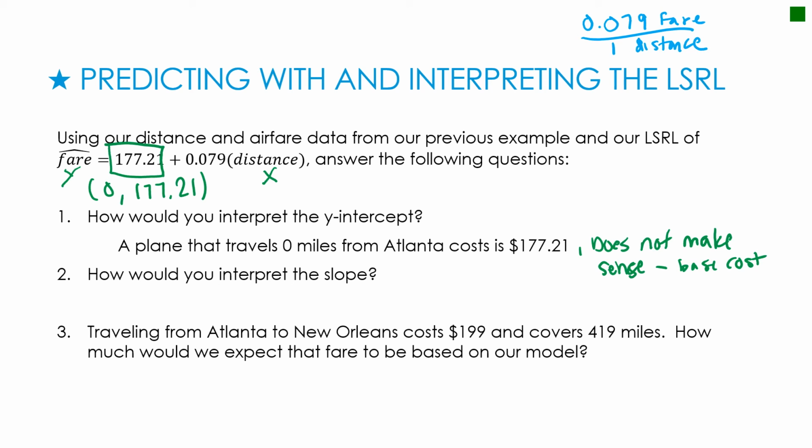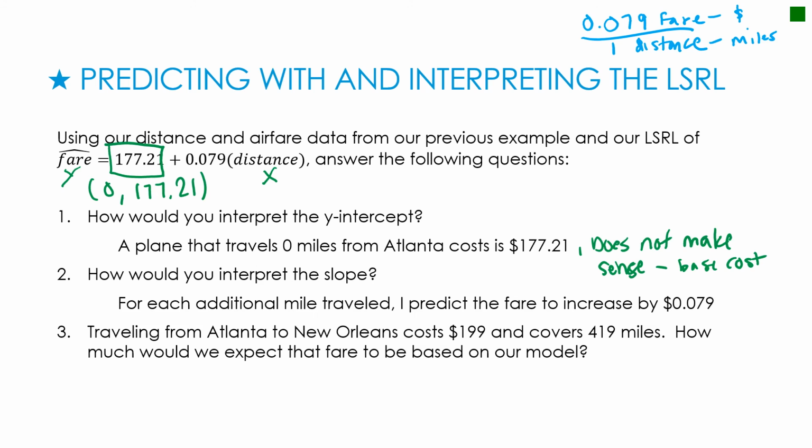And so when I talk about it, I would say for each additional 1 distance, well, what's distance measured in? Miles. I would expect the fare, because it's positive, to increase, and again, this is in dollars. So how would I interpret it? I would say for each additional 1 mile traveled, I predict the fare to increase by basically 7.9 cents, or $0.079.